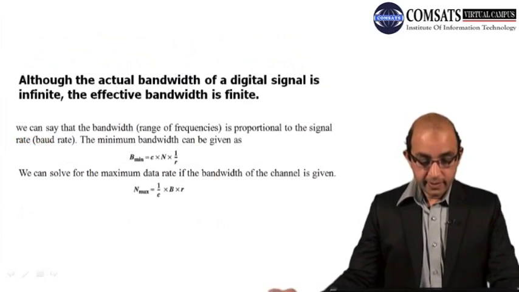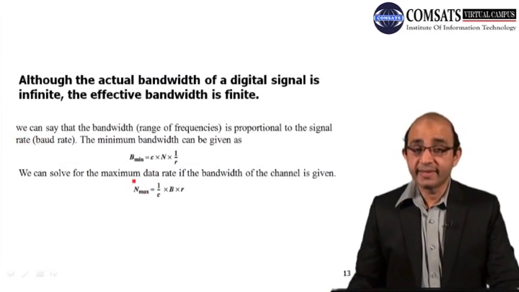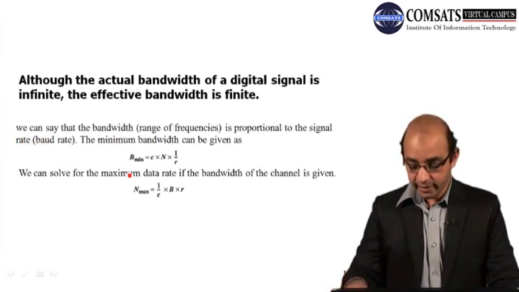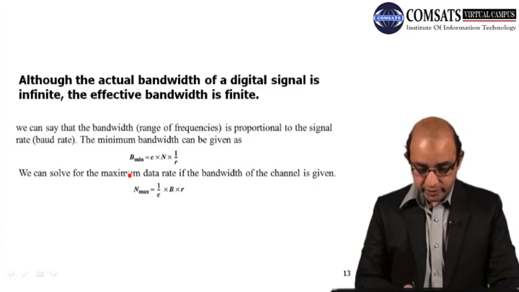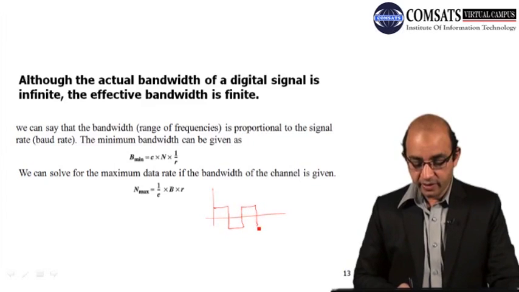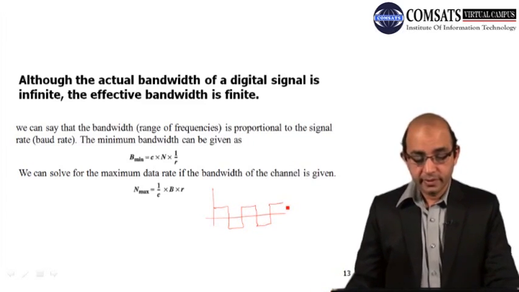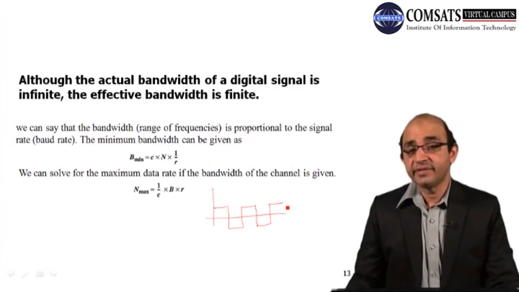So the actual bandwidth of a digital signal is infinite. When we talk about a signal, let me draw a signal over here. If we have a digital signal like this, it will have infinite bandwidth. But remember, the effective bandwidth is finite.